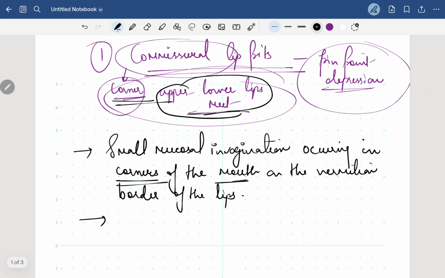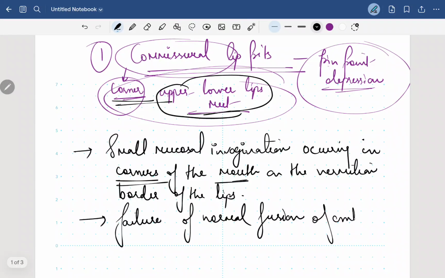But here the location suggests a failure of normal fusion of the embryonal maxillary and mandibular processes, because it takes place in the embryo while it is developing, and here the upper and lower lips meet at that corner.